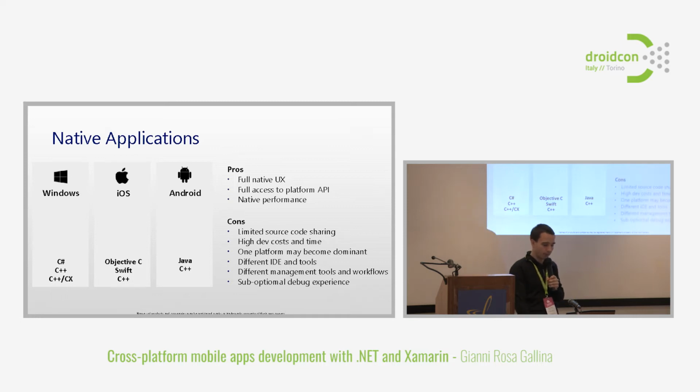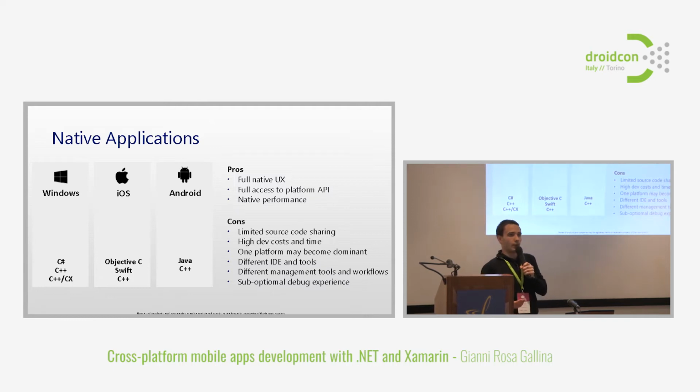The problem here is that if we develop a native application for each of these platforms, we have limited source code sharing, and at the same time, we need to develop the same application three times. The risk of this is that maybe one of the three platforms becomes dominant, as is happening, and for each platform, we need different IDEs and tools.